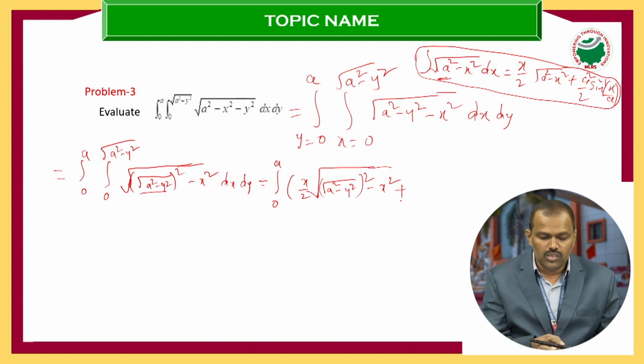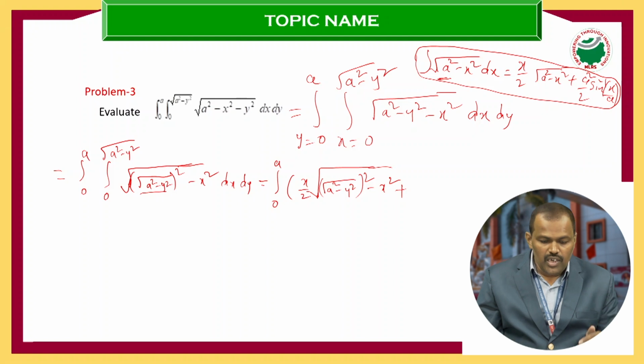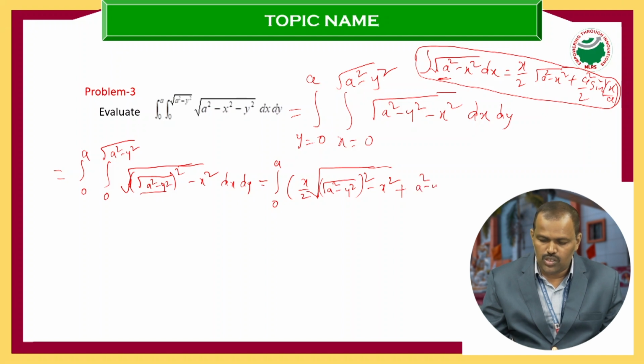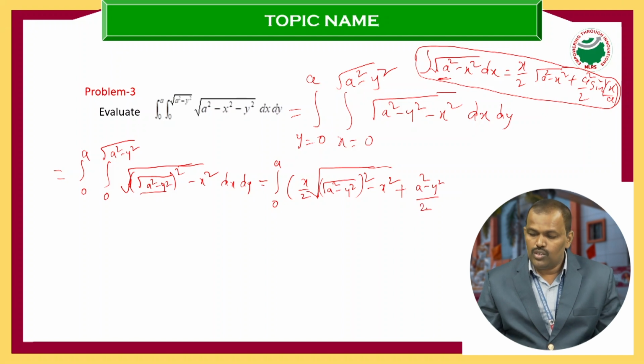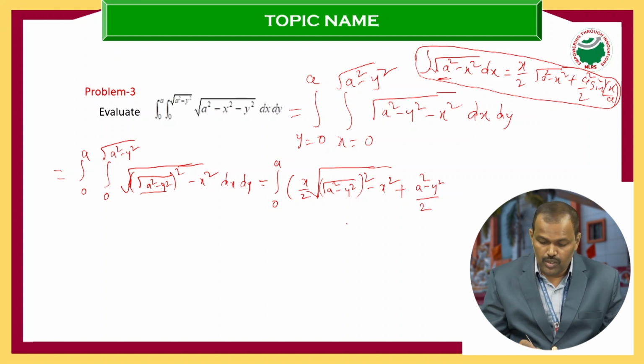Here a is square root of a square minus y square, square root to square root cancel. That means a square minus y square by 2 into sine inverse x by a.